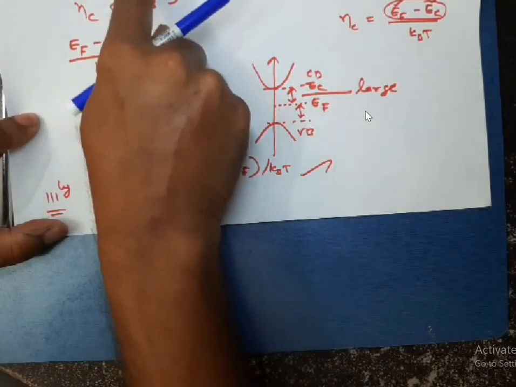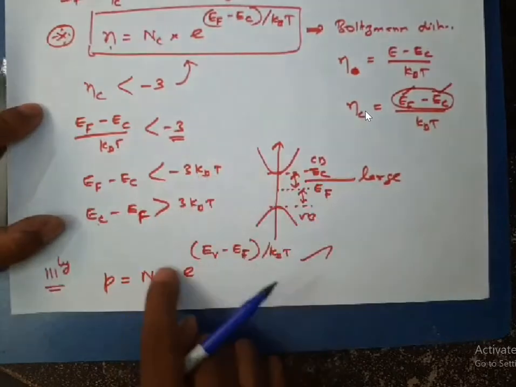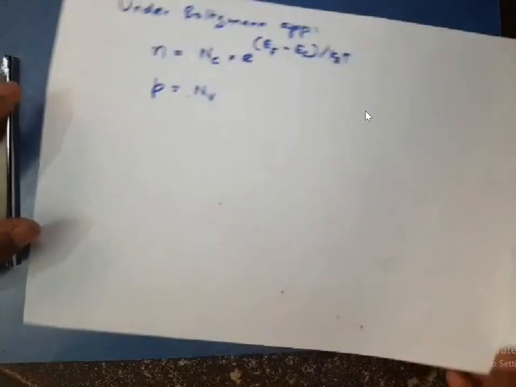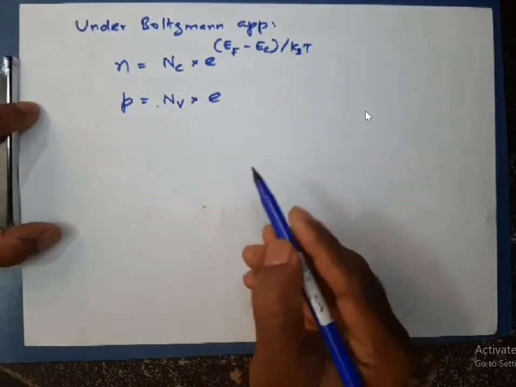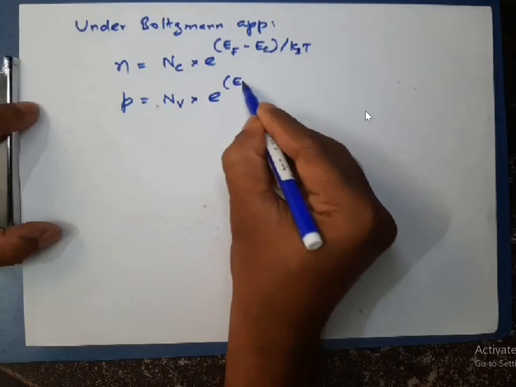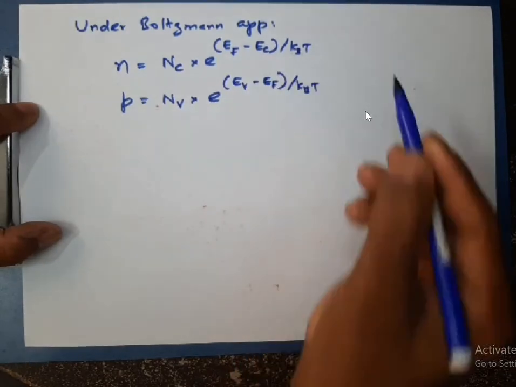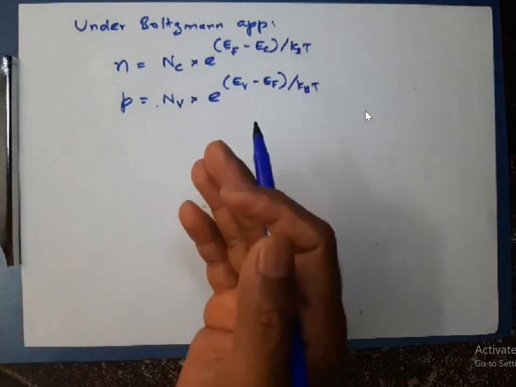NC is a constant corresponding to the conduction band. NV is the constant corresponding to the valence band for a given material, into e power EV minus EF by kBT. We'll get an expression like this. So this is under the Boltzmann approximation.